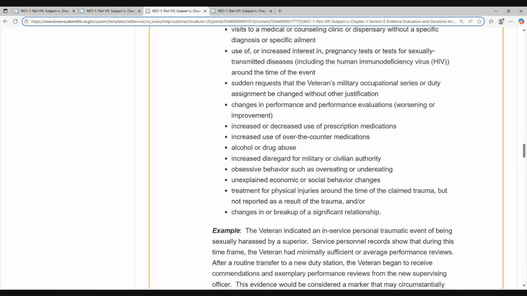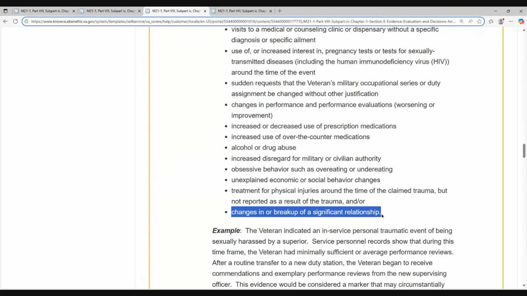So if you have equal parts of a marker before the stressor happened and equal parts of the marker after the stressor happened, then that behavioral marker isn't sufficient to concede the stressor. You'd have to show, for example, that after the person on person crime, you broke up with your significant other, that would be a thing.